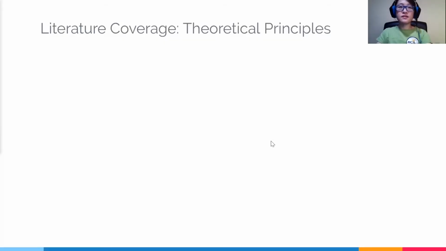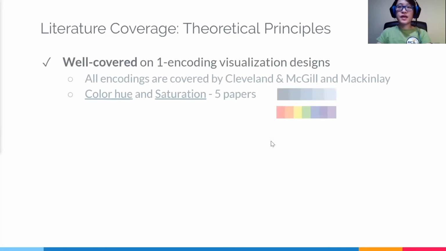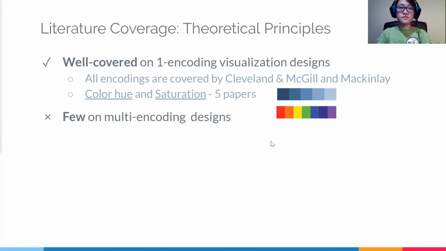So we find that theoretical papers cover well for one encoding visualization designs, especially on color, hue, and saturation. However, few of the 2 and 3 encoding visualization designs are discussed.